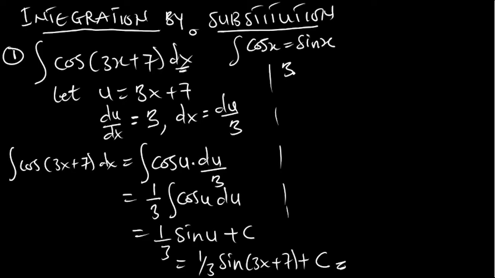When I integrate cos, I get sine, and here I got 3, so I have to divide by the 3, then bring the same thing, which is 3x plus 7. And now it is an integration, so plus my c. Are we okay?